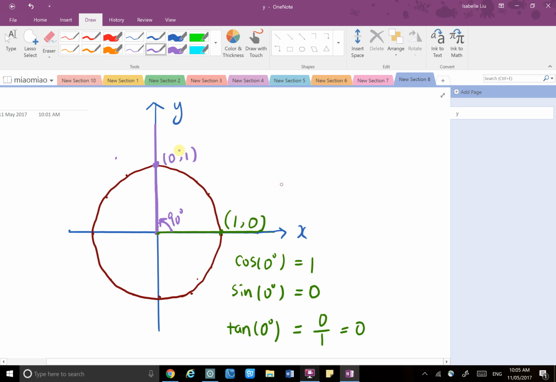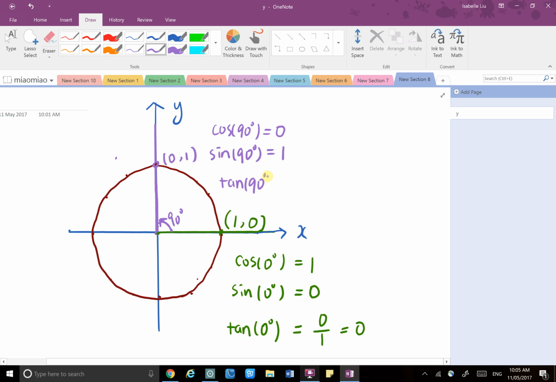0 is the cosine value, so cosine 90 degrees will give you 0. Sine 90 degrees will give you 1. What is tangent 90 degrees? It's sine over cosine, right? Sine is 1, cosine is 0. So what's that?